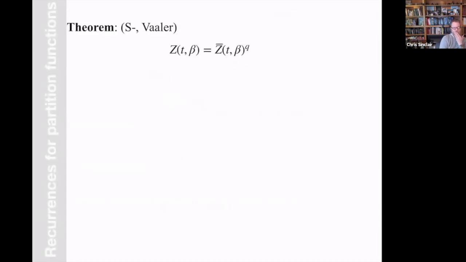All right, so the theorem that Joe showed you, this is in slightly different notation, is that if you want the partition function, so the integral of the Vandermonde determinant, absolute value to the beta, over the ring of integers, you can replace that with the same integral over the maximal ideal, raised to the qth power.